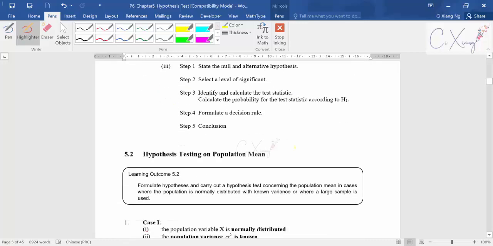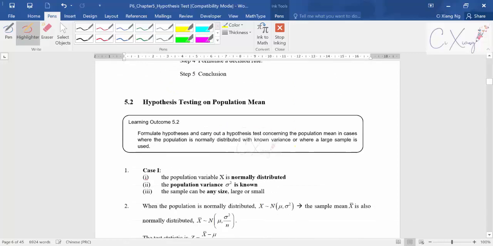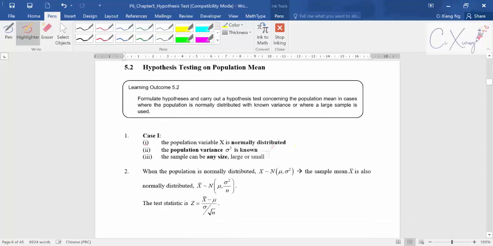Okay, so we'll start with the very first type of hypothesis test, when we are going to test the population mean. Hypothesis test for population mean. So what is the learning outcome here? They will ask you to formulate hypothesis and carry out a test concerning the population mean.